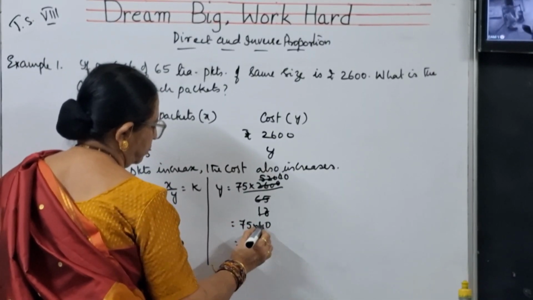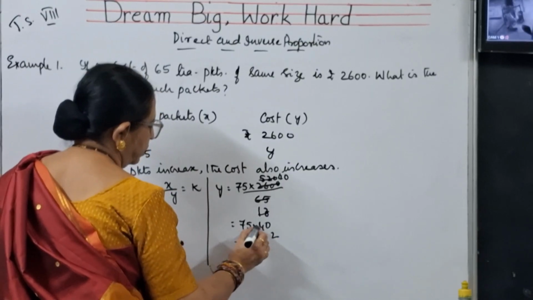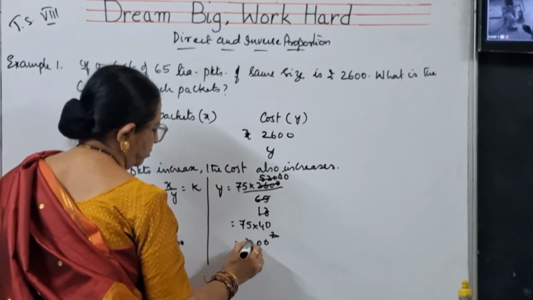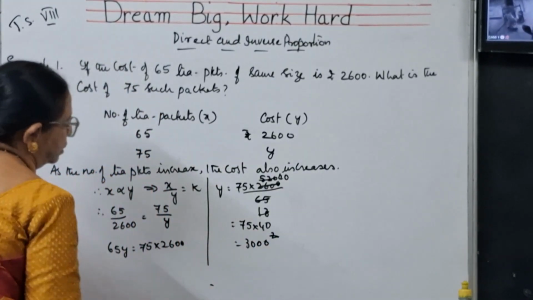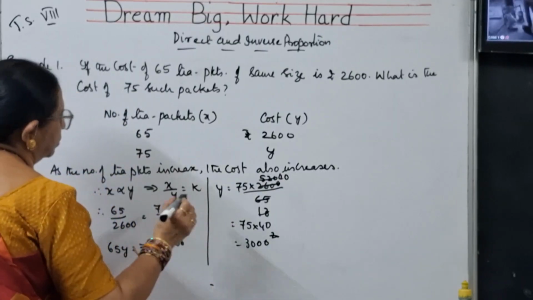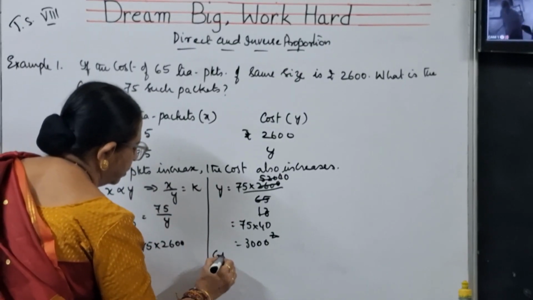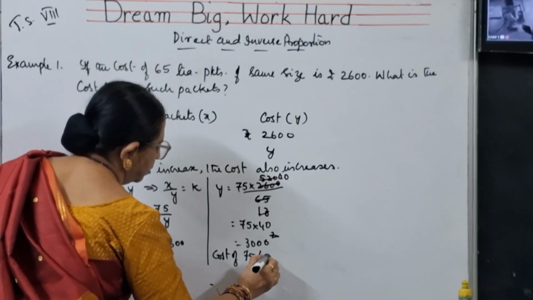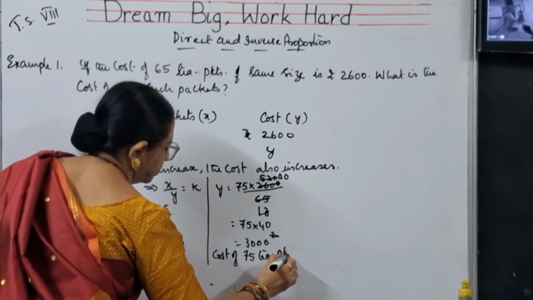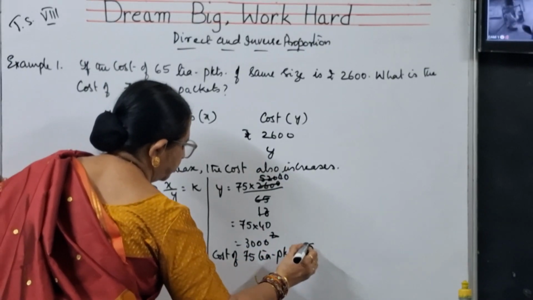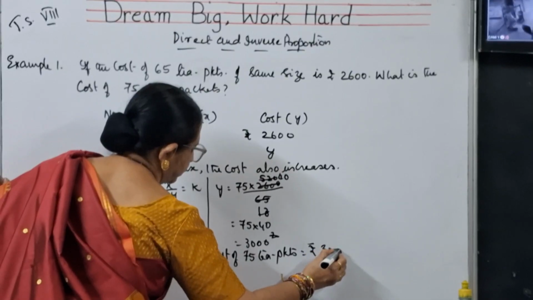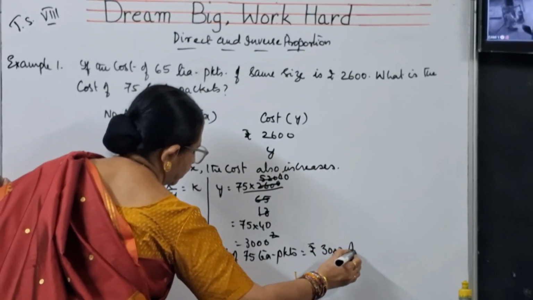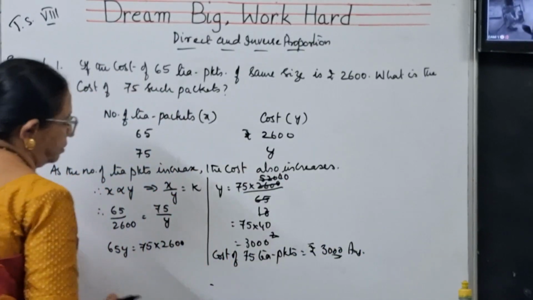How much is it? 4 fives are 20, 4 sevens are 28, plus 2 is 30. So 3000. y is equal to 3000. What is y? The cost of 75 tea packets is equal to rupees 3000. This is the answer, children.